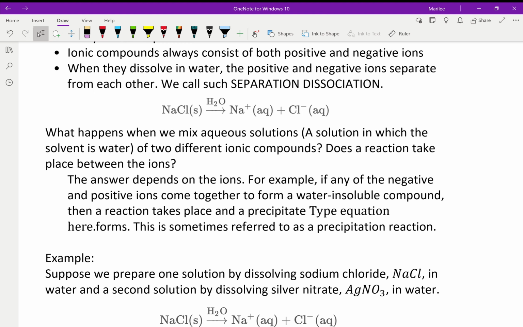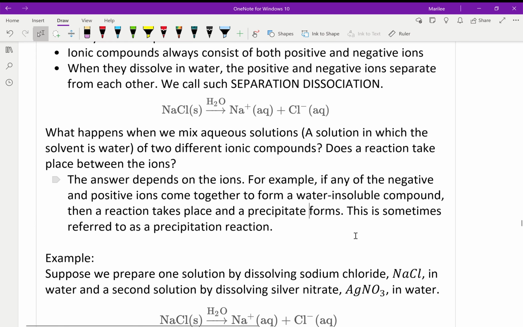For example, if any of the negative and positive ions come together to form a water insoluble compound, then a reaction obviously takes place and we have a precipitate. This is referred to as a precipitation reaction.